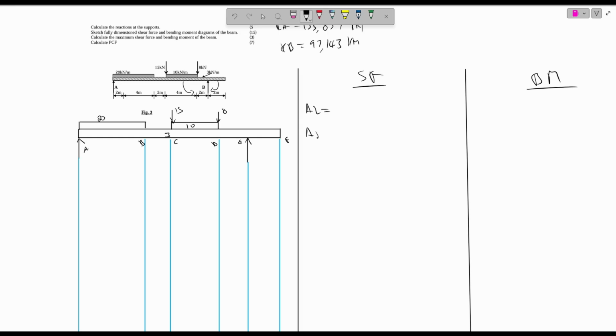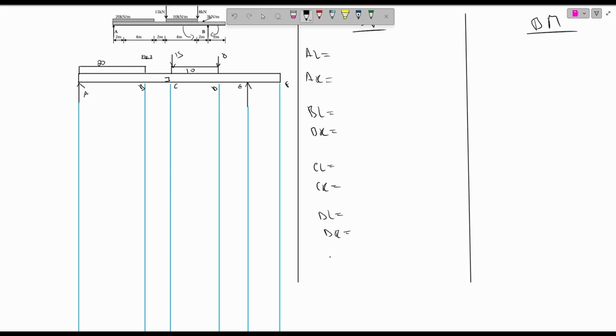A left, A right, B left, B right, C left, C right, D left, D right, E left, E right, and F left and F right.